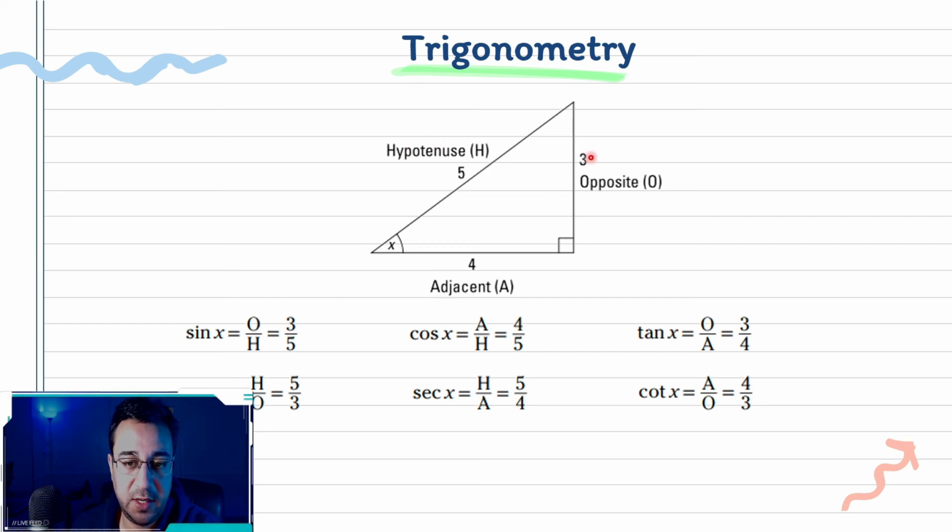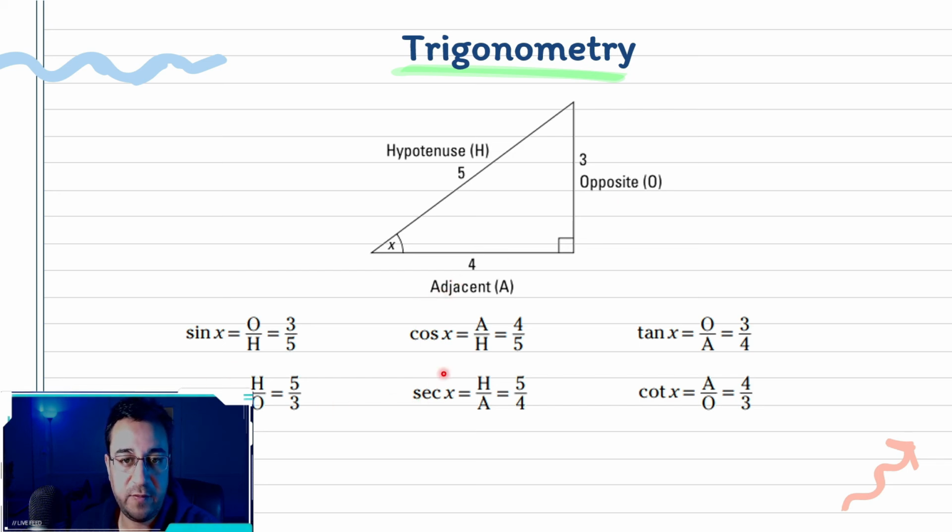In this case, 3 over 5. Cosine of x is the adjacent to x, over the hypotenuse. The tan is the opposite over the adjacent, in this case 3/4.